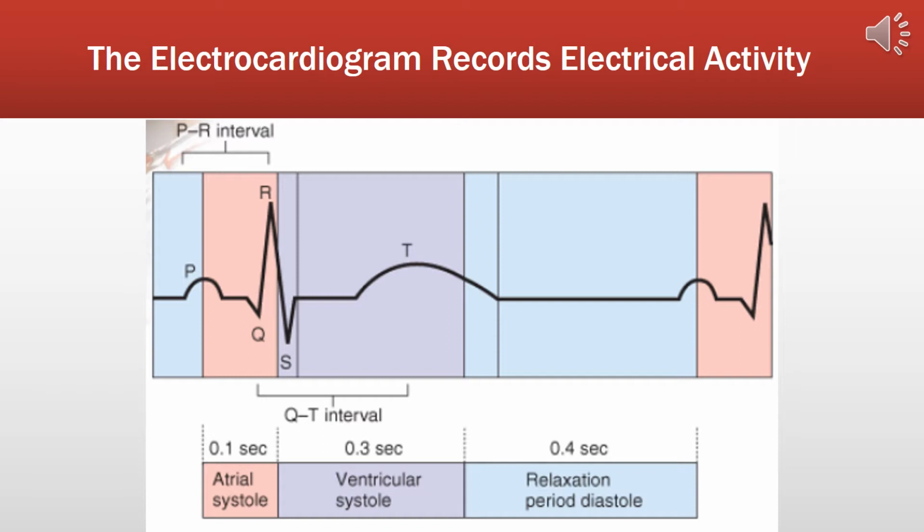The PR interval is just when we go from point P to point R. The QRS complex involves points Q, R, and S. And then the QT interval just goes from the valley at Q to the peak of T. It clearly shows where the PR interval and the QT interval are, along with the normal periods of time where the heart either remains in atrial systole, ventricular systole, or in diastole.